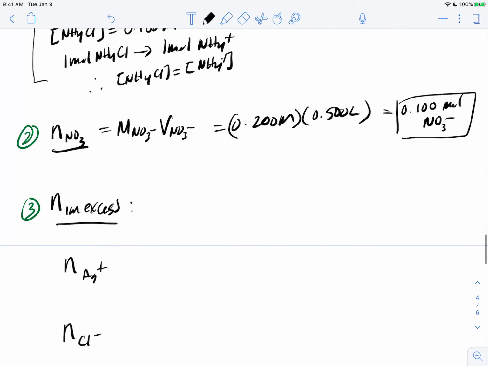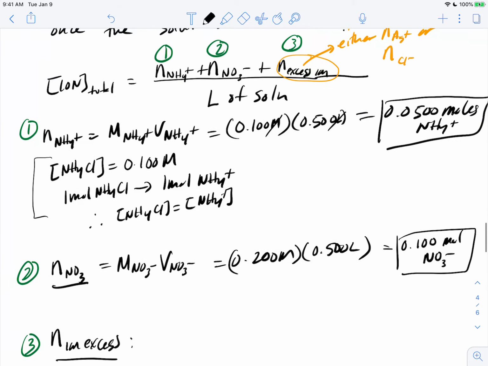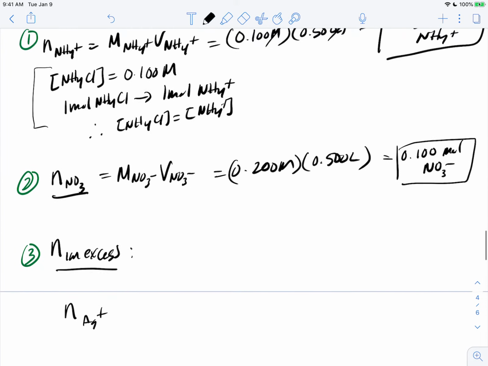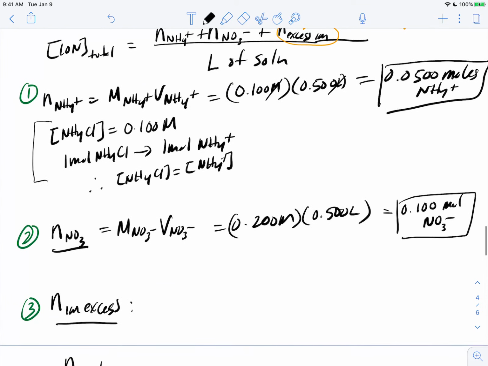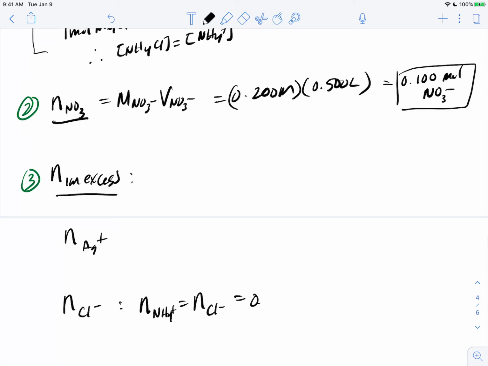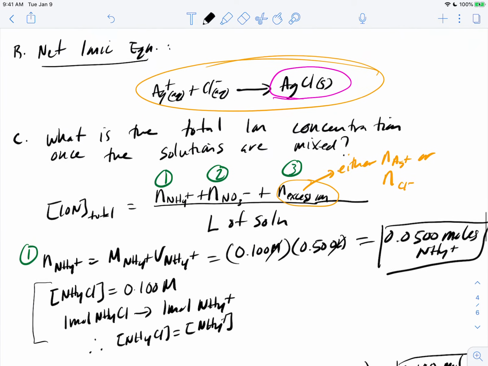And so I can write that here: the moles of ammonium equal the moles of Cl-. And I already calculated that the moles of Cl-, or the moles of ammonium, are 0.0500 moles Cl-.